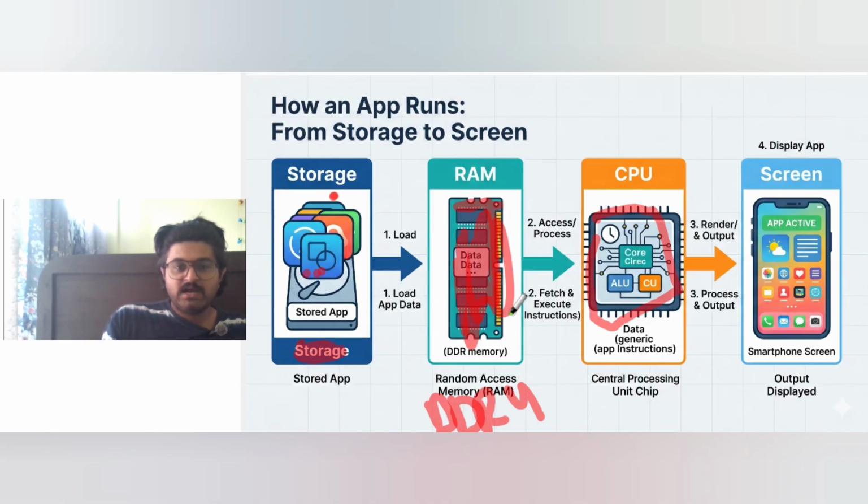After the RAM, it gives the instructions to the CPU on what to fetch, where to fetch, and what to do. This central processing unit, after some time, displays it on the smartphone screen. Here you can see that the application that you double tapped or opened is being played.